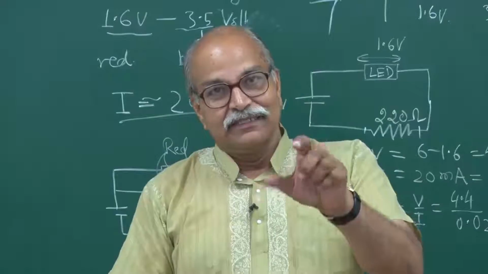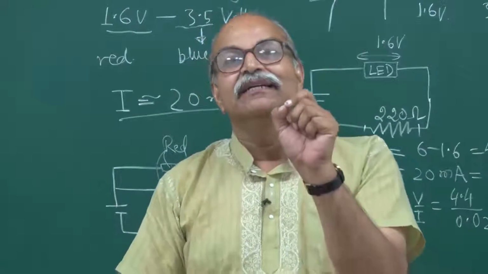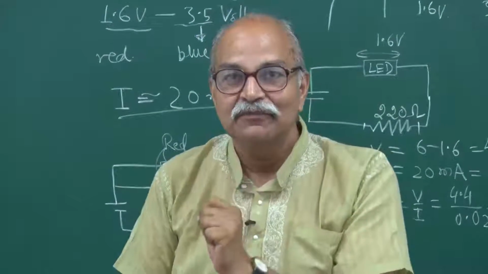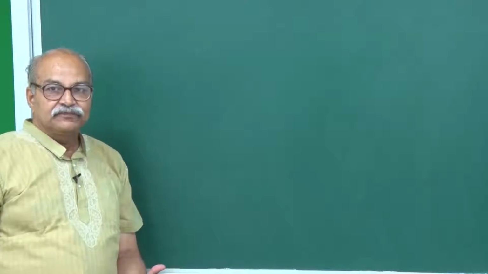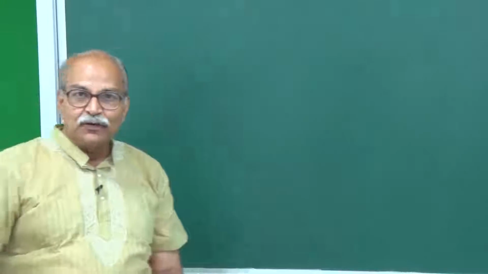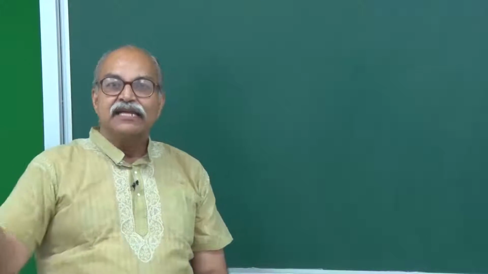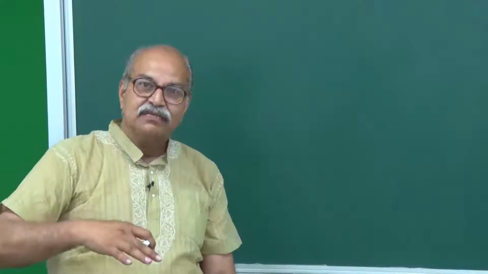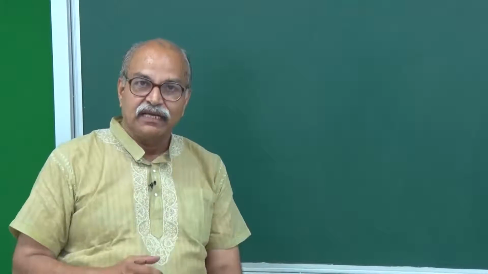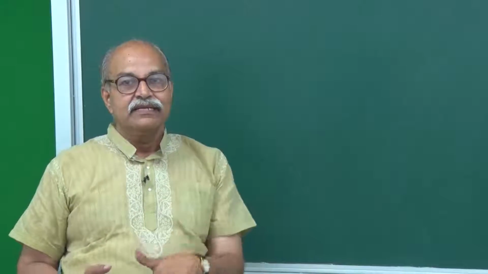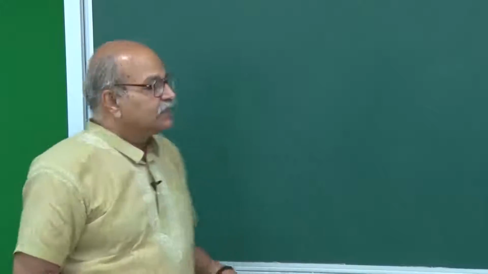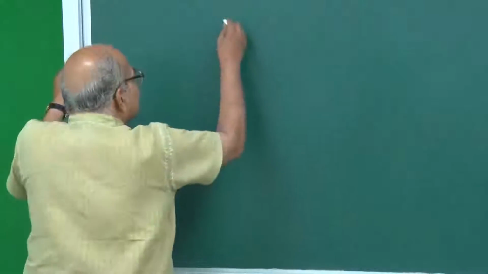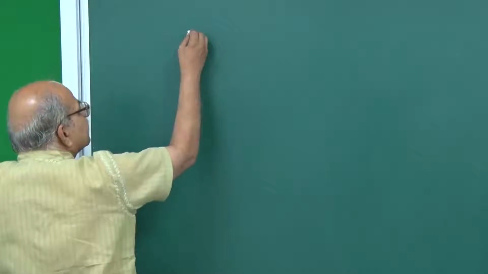So, what is it? The basic unit is again a PN junction, a silicon PN junction. In a solar cell, like the photodiodes we talked about, light falls on this PN junction, and that light creates electron hole pairs. So essentially it is the same mechanism, but the construction is slightly different.